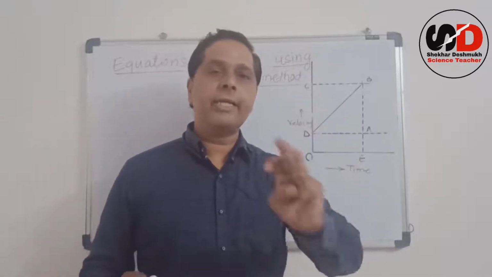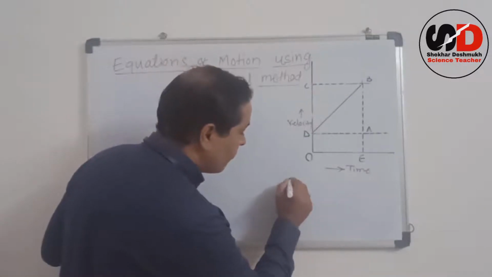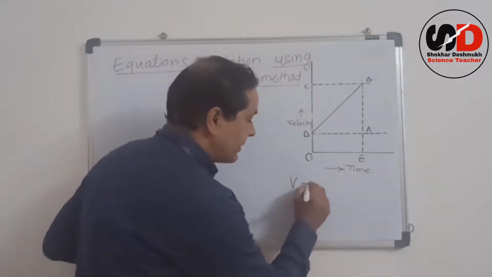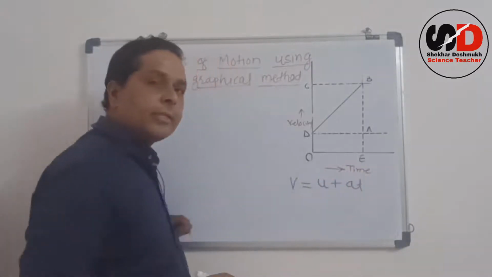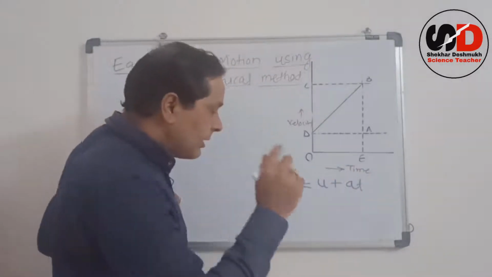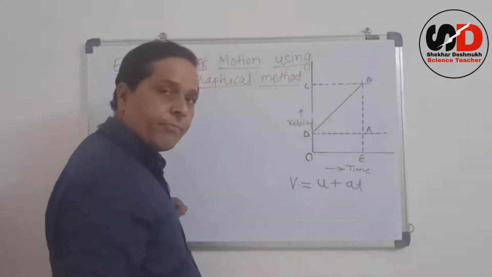Okay, so the three equations of motion are: V is equal to U plus AT. This is the first equation of motion, which gives the relation between velocity and time.